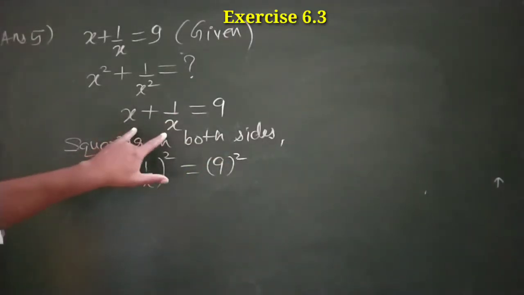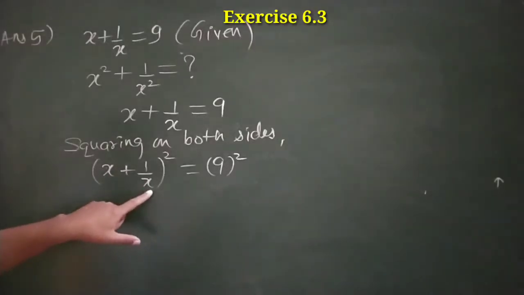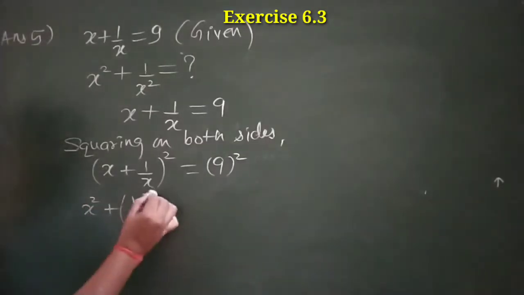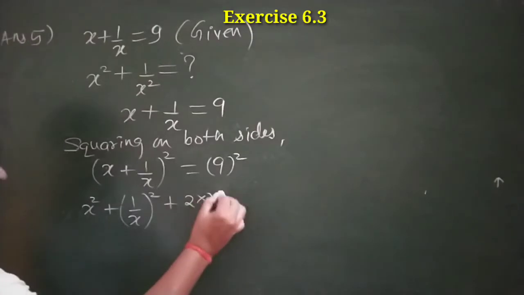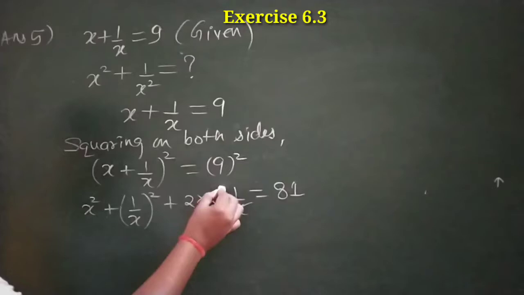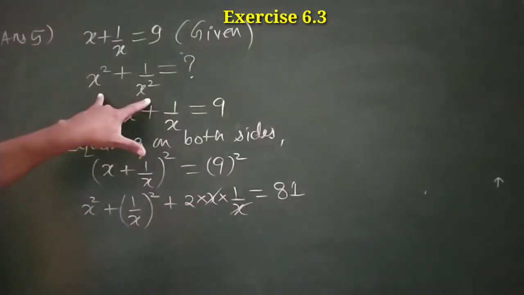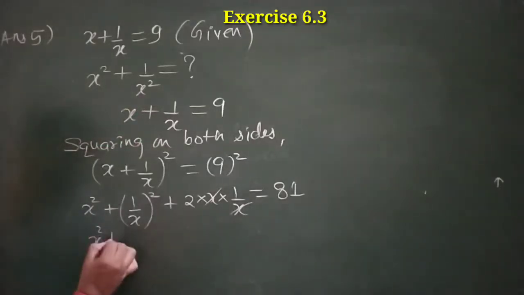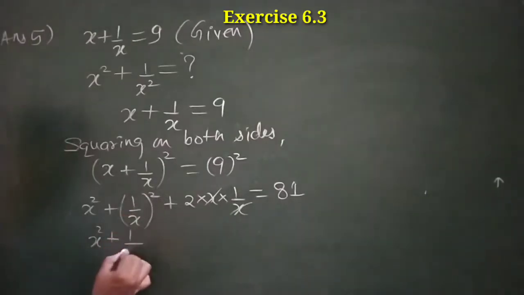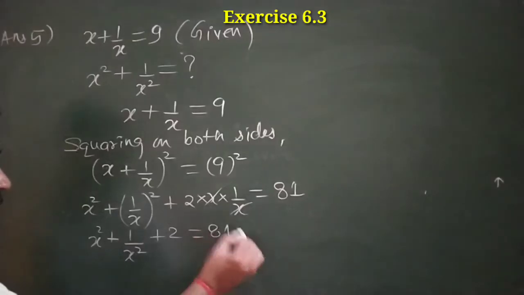Because if I do the squaring, then I will be able to apply the formula a plus b whole square, which will give me a square plus b square plus 2ab, equals 9 square, which is 81. x is cancelled by x, and these things will come, which is the needed requirement. x square plus, when the bracket opens, 1 square is 1 and x square will be x square, plus 2 equals 81.